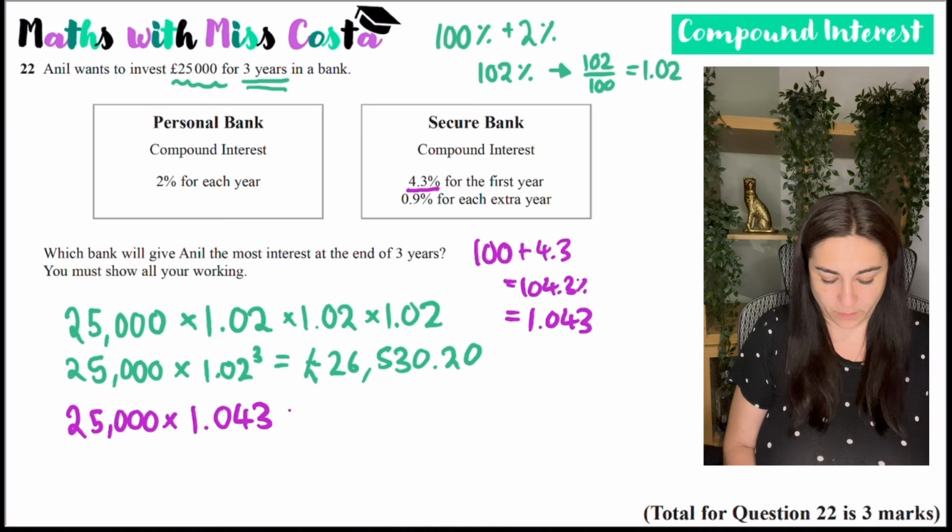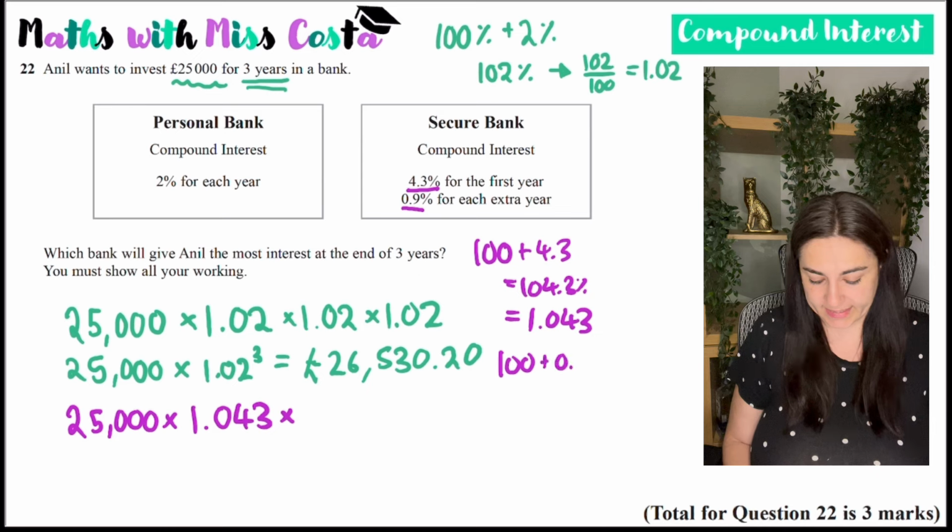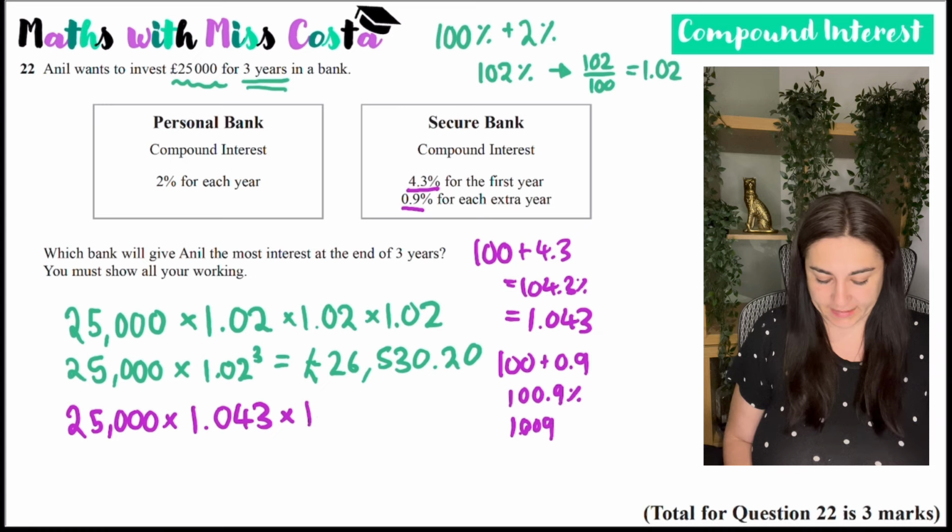So I times that by 1.043 for the first year, and then it's 0.9% for each extra year. So 100 plus 0.9 would be 100.9%, so 1.009 as a multiplier.